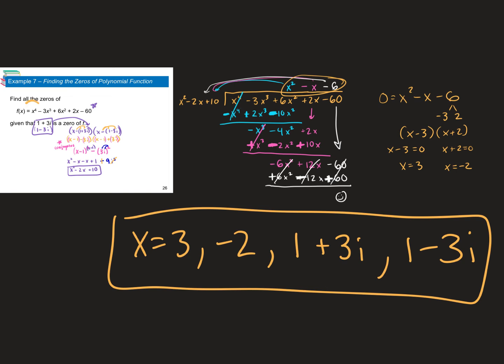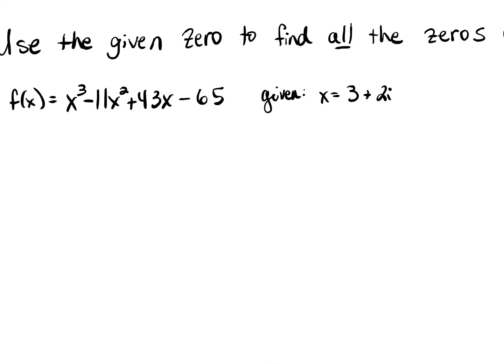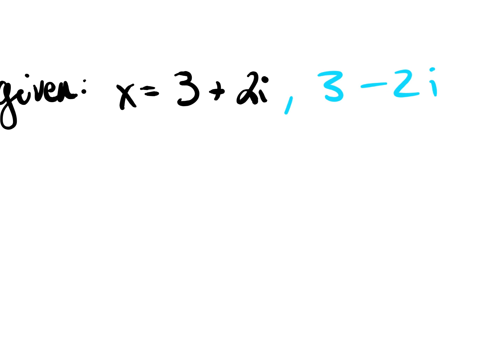So my question started with x to the 4th power, so that told me I was going to have 4 zeros. And in my answer, I have 1, 2, 3, 4 zeros. If 3 plus 2i is a factor, what's another factor that I'm going to have? 3 minus 2i. So I'm going to plug that into my factored form.